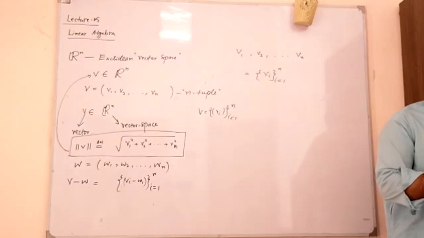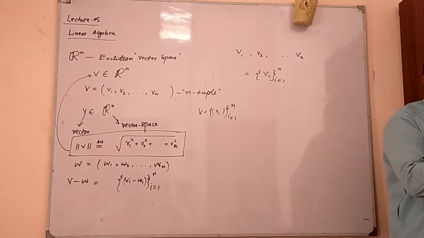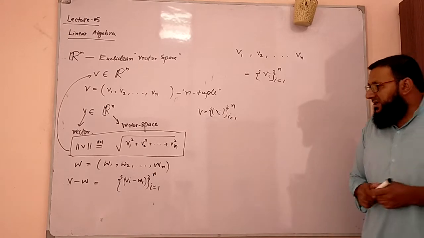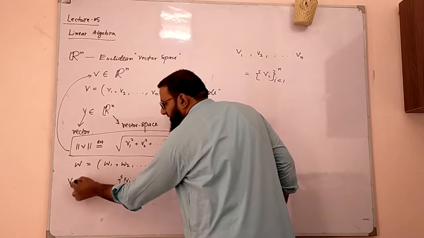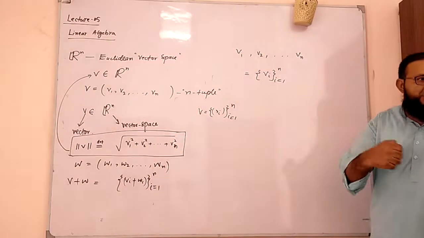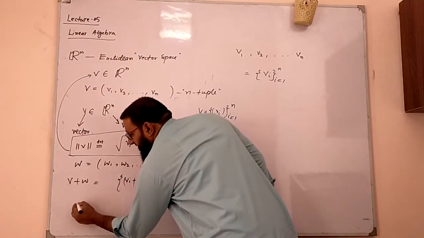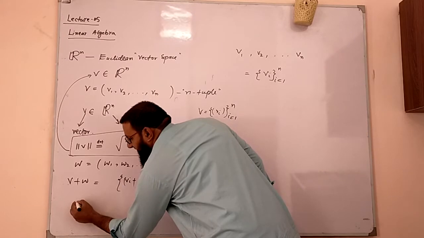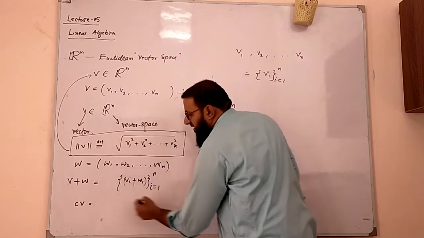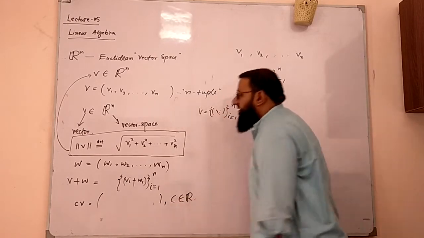So we are going to build the theory that we need so far, and then we will do the things later on. And then we can define what we mean by the sum of two vectors, because sum and subtraction are counterparts of each other. We can also define how to scale a vector with some constant c, and this c belongs to the set of real numbers.